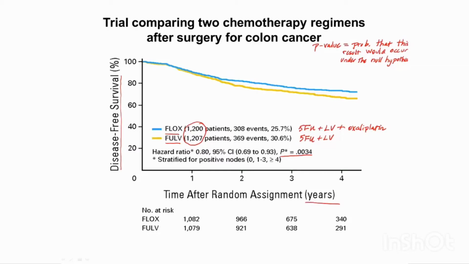Now, what is the size of the benefit that's conferred by oxaliplatin? That's given by the hazard ratio. So the hazard ratio is a ratio of hazard rates for the two groups.